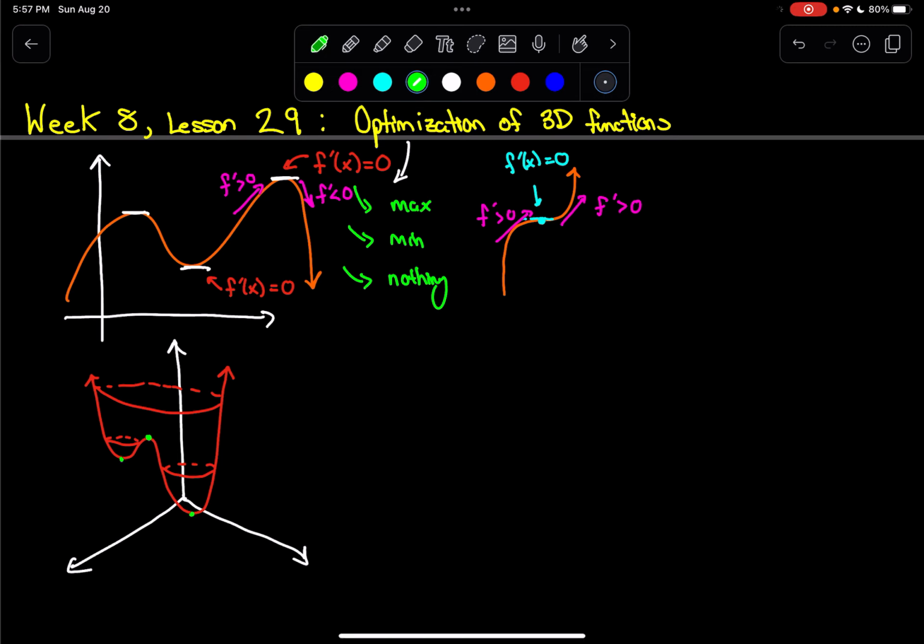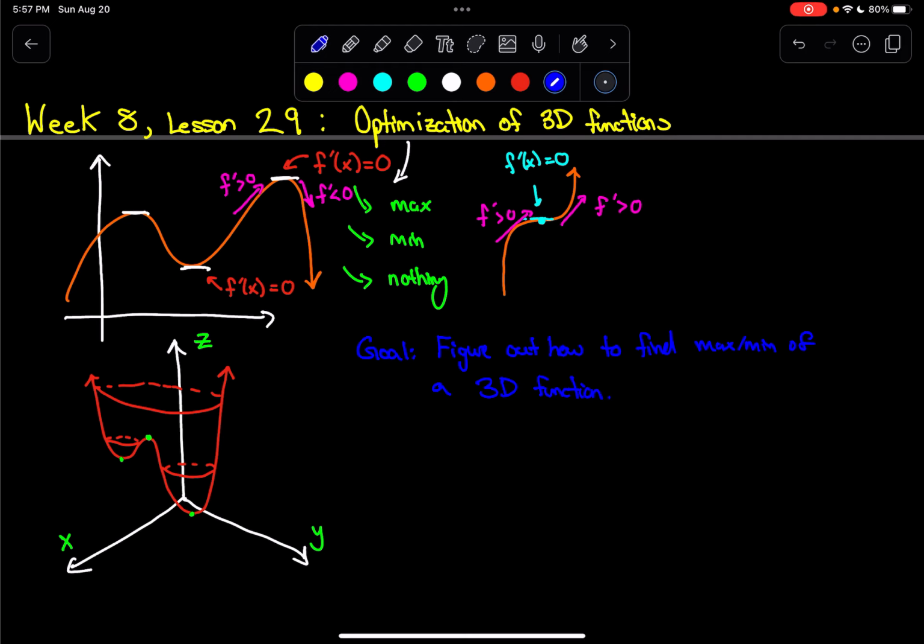Because there's not just one direction to talk about. We don't just have an x and a y. We have an x, a y, and a z. So the goal with this section is to figure out how to find the max or min of a 3D function.